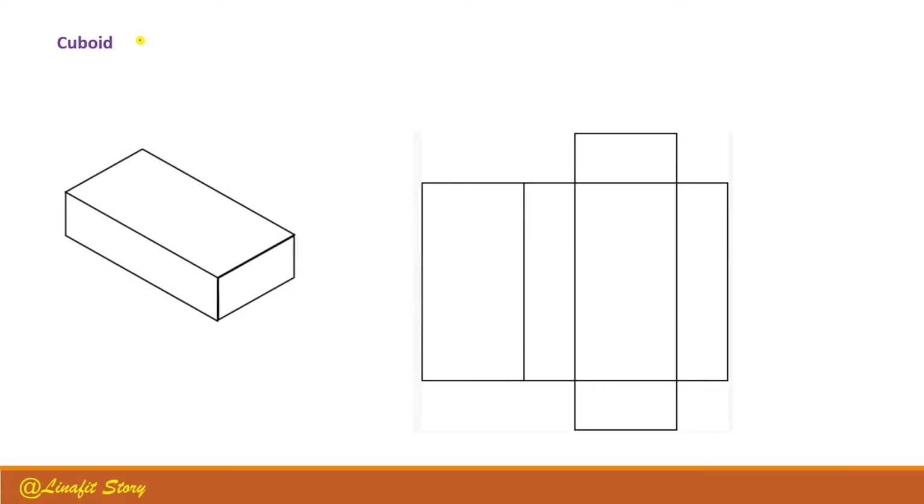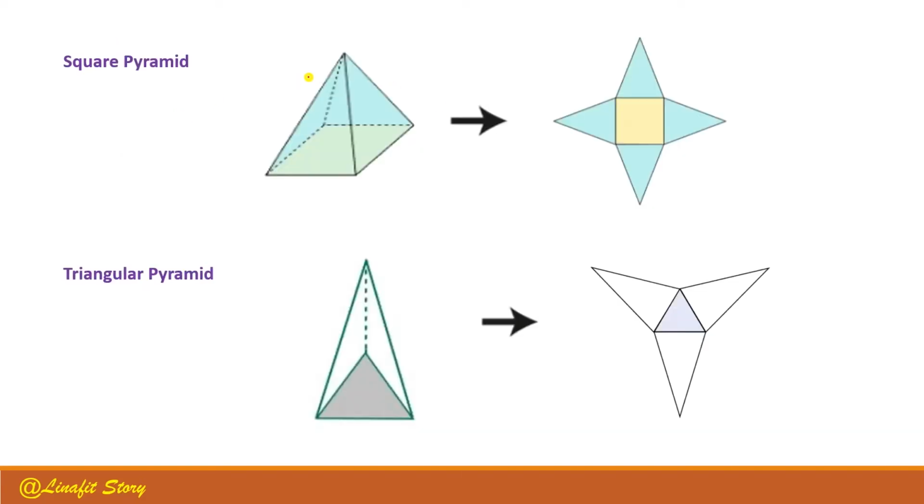A cuboid is similar to a cube, but some or all of its sides may be rectangular. As with the cube example before, any 3D shape can have multiple nets, not just one. But here are some 3D shapes with example of just one of their nets. So this is the net of a cuboid. This is a square pyramid. There are 1 square and 4 triangles.